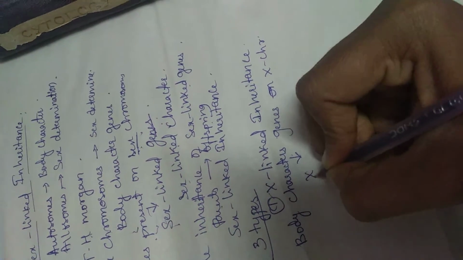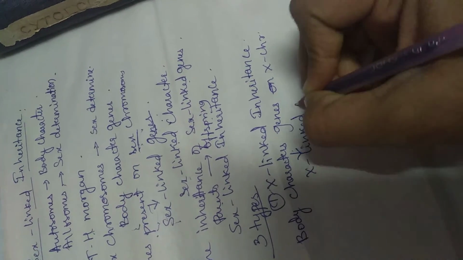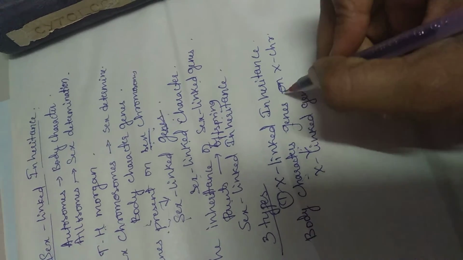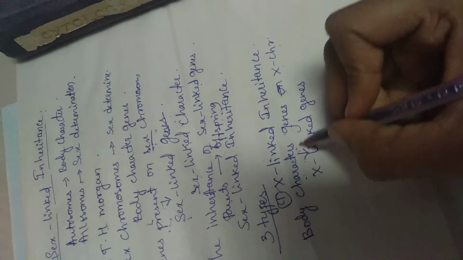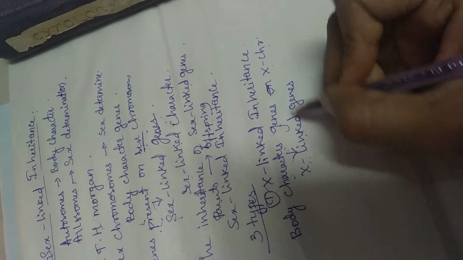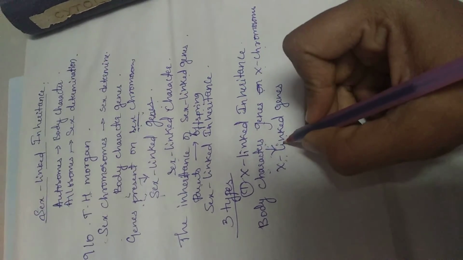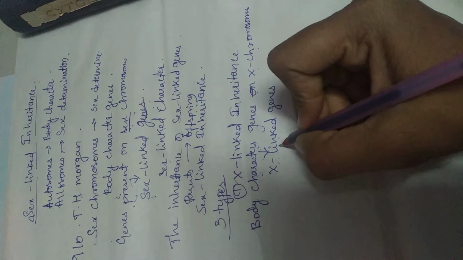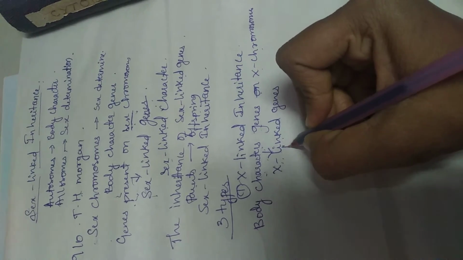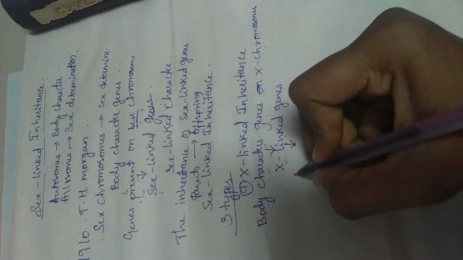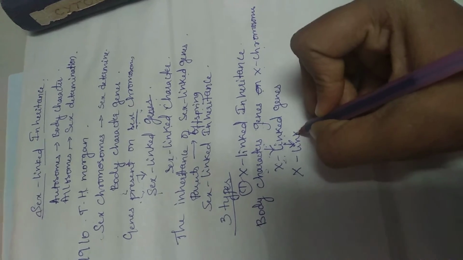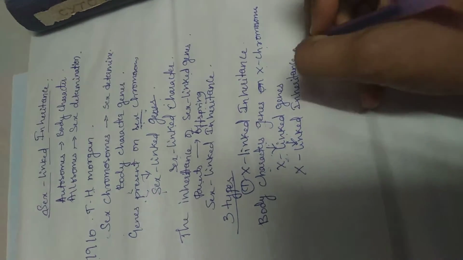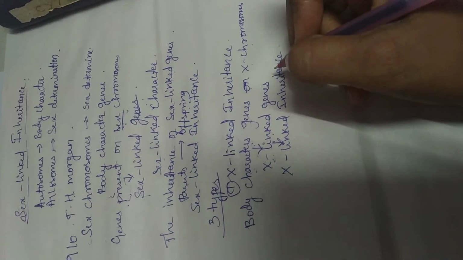These are called X linked genes. These X linked genes are transmitted from parents to offspring, and the inheritance of these X linked genes is called X linked inheritance. For example, hemophilia and eye color in Drosophila.